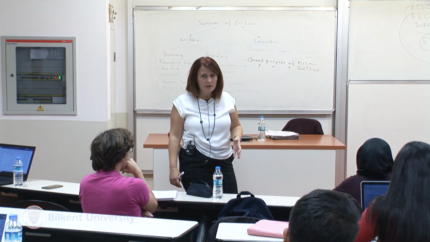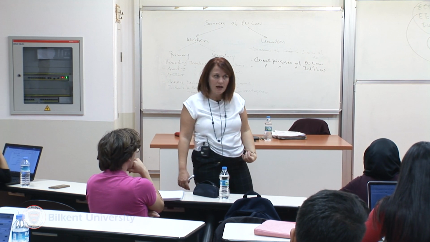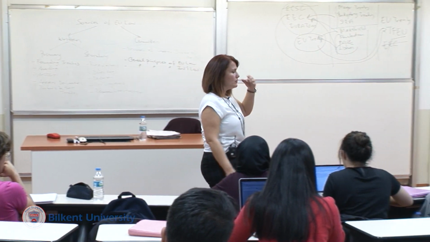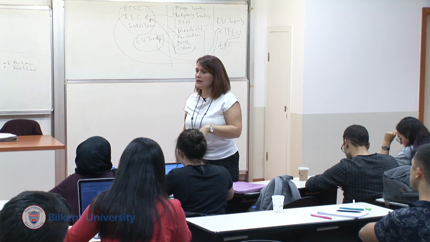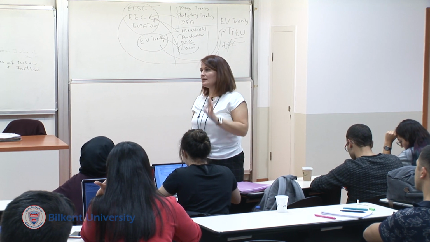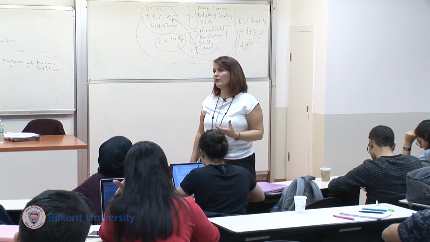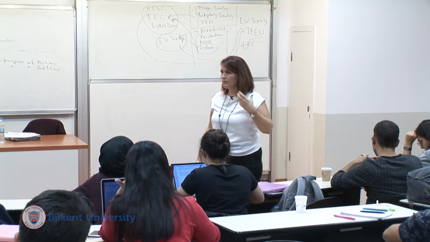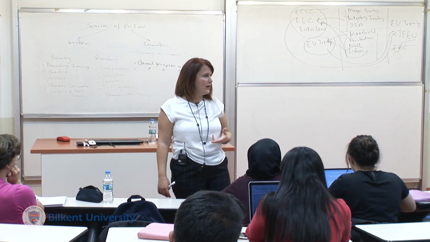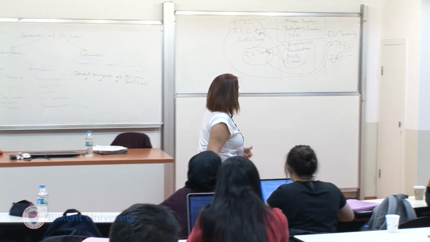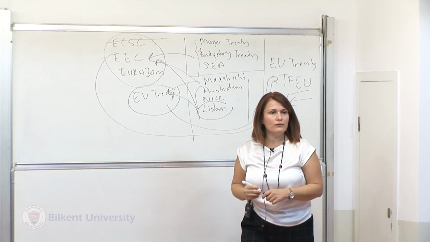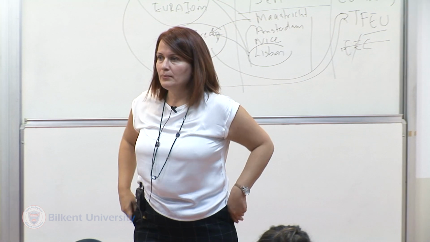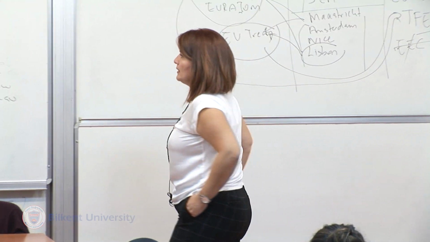There is only the European Union, which has legal personality, and all the word communities in the founding treaties is now replaced with union. Therefore, the name of the treaty is also changed from EEC treaty to the Treaty on the Functioning of the EU. Okay? And lastly, do we have Euratom in force? Yes, it is still in force, but we don't use it very often because it's only about atomic energy.